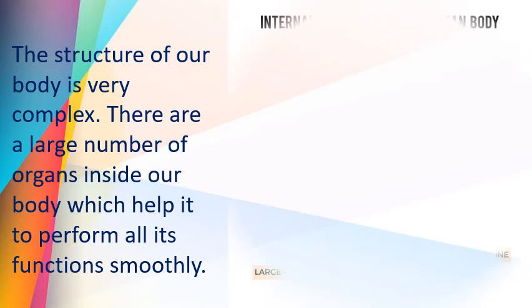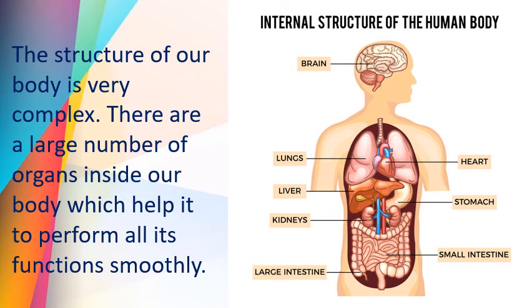The structure of our body is very complex. You can see here, there are a large number of organs inside our body which help it to perform all its functions smoothly. See here, so many internal organs we can see: brain, lungs, heart, liver, stomach, these are kidneys, and large intestine, small intestine, all these we can see, isn't it?